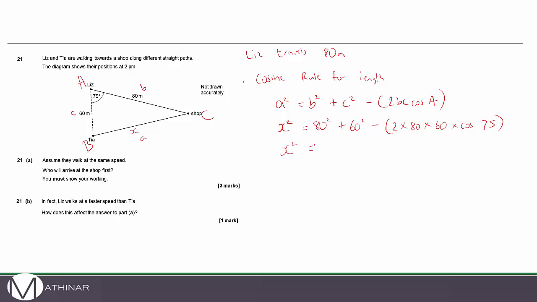So let's type that into our calculator. You should be able to type that whole thing in one go.